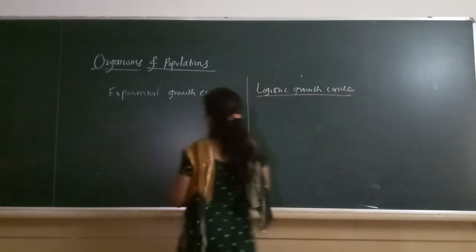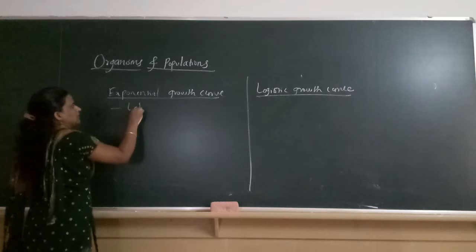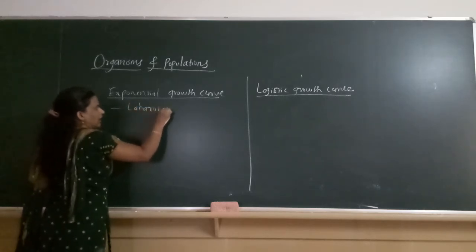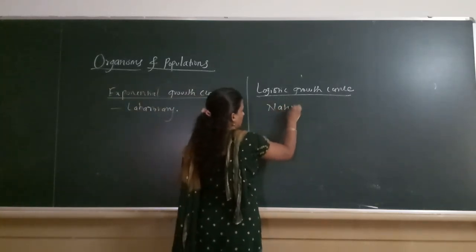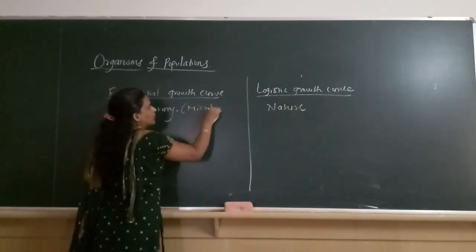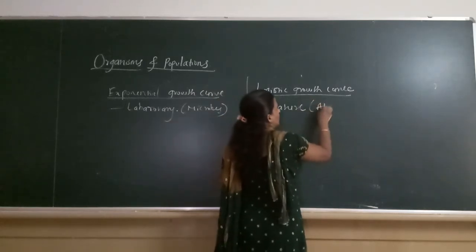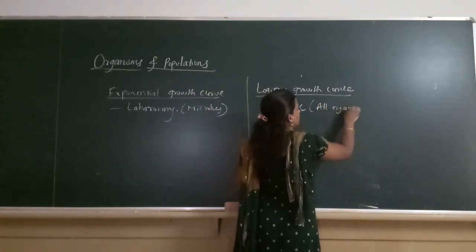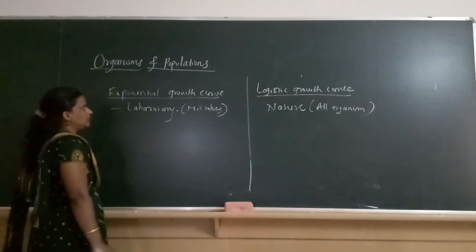Okay, exponential growth curve, logistic growth curve. It takes place in the laboratory, it takes place in nature. Almost only microbes are going to be present here, here all organisms are present. Okay, all organisms are going to grow.